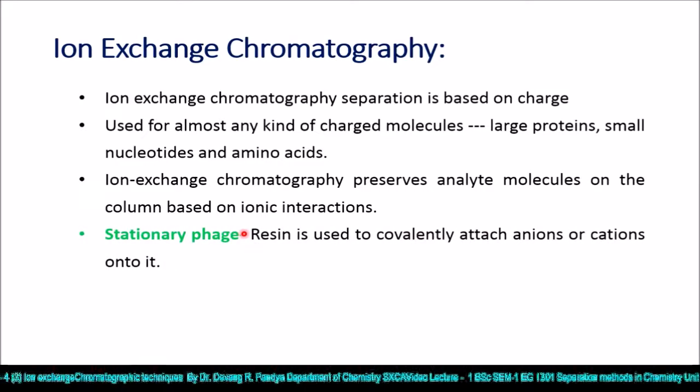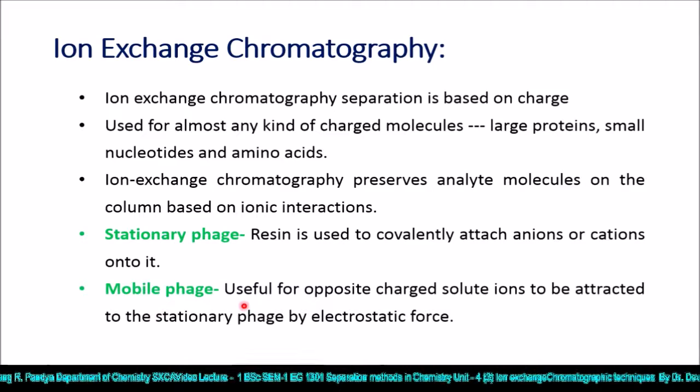Stationary phase would be such a reagent which is used to covalently attach anions or cations onto it. And mobile phase is useful for opposite-charged solute ions to be attracted to the stationary phase by electrostatic force of attraction.